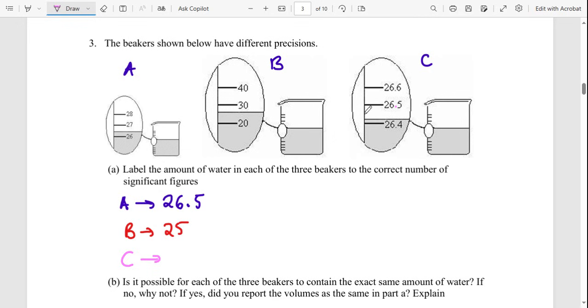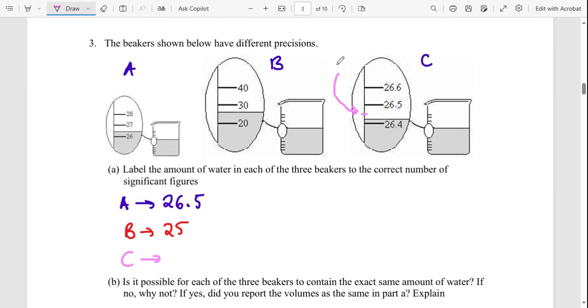So the middle is somewhere here. Could we have found the middle? If you want to find the middle, you could have just said what is the middle between 26.4 and 26.5.